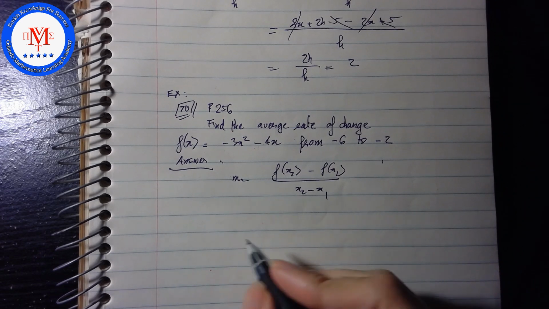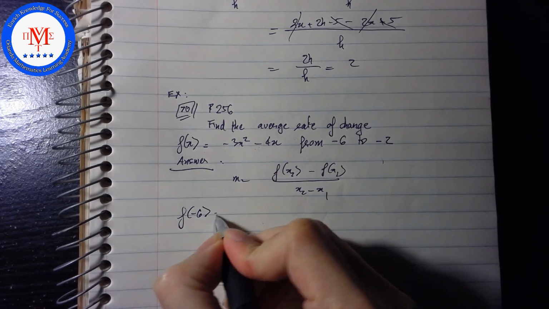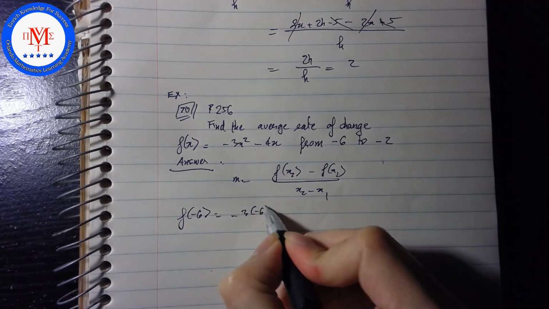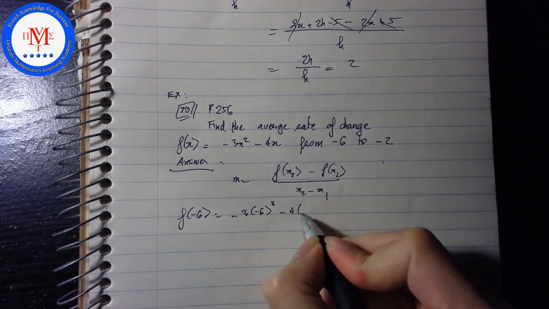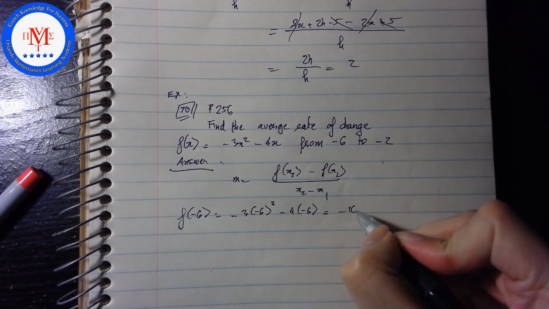I replace here, and we get 36 times 3, which is negative 108, and this is 24, so plus 24 equals negative 84.